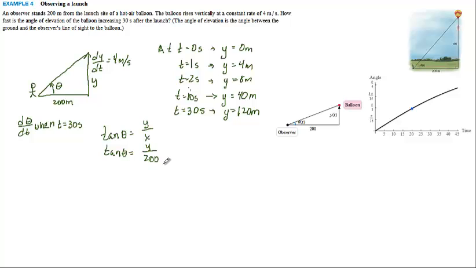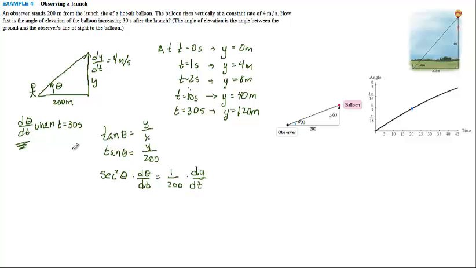I'm going to take the derivative with respect to time so I can get this d theta thing going on. It's going to be implicit differentiation, so the derivative of tangent theta is going to be secant squared theta d theta over dt, equals, this is a constant times this y, so the derivative is going to be 1 over 200 times dy over dt.